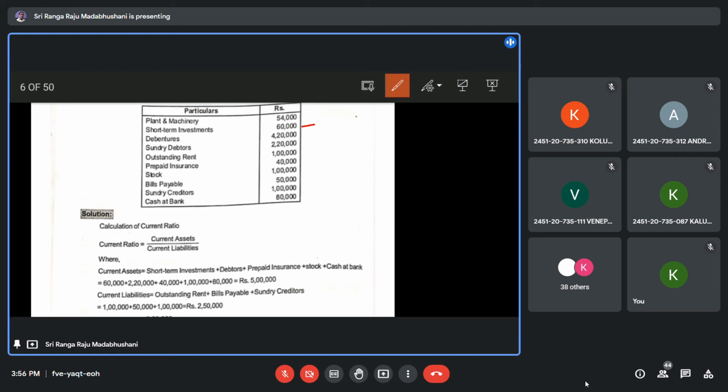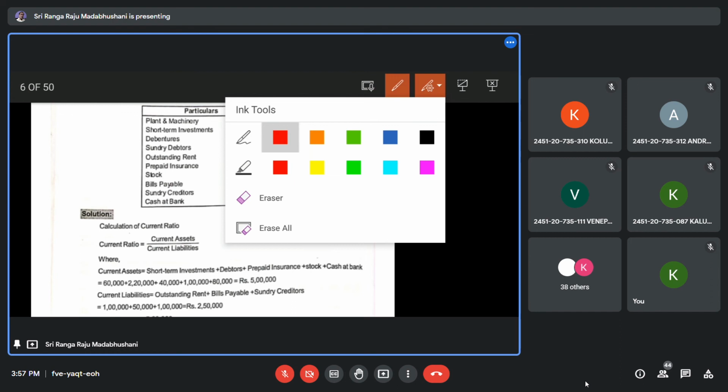If we raise that loan from the public, then we call it debentures. So this is also a long-term loan. Sundry debtors, current asset; outstanding rent, current liability; prepaid insurance, current asset; stock, current asset; bills payable, current liability; sundry creditors, current liability; and cash at the bank, current asset.